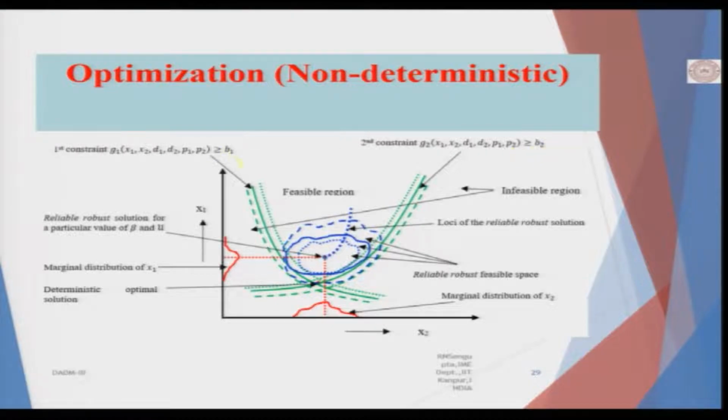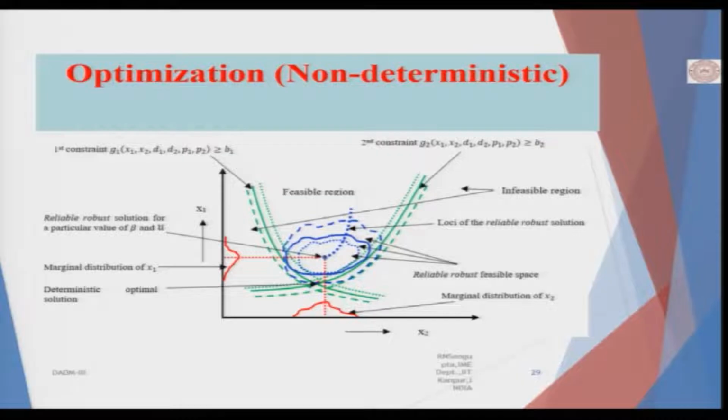So, if they are greater than b1 and greater than b2 and they are deterministic, the common point which is here, the red dot, as I am hovering the electronic pen, is the deterministic optimal solution. If you solve the problem using any of the methods you have considered, you will get the answer, find the objective function, whether maximization or minimization, and be happy, and your work is done.